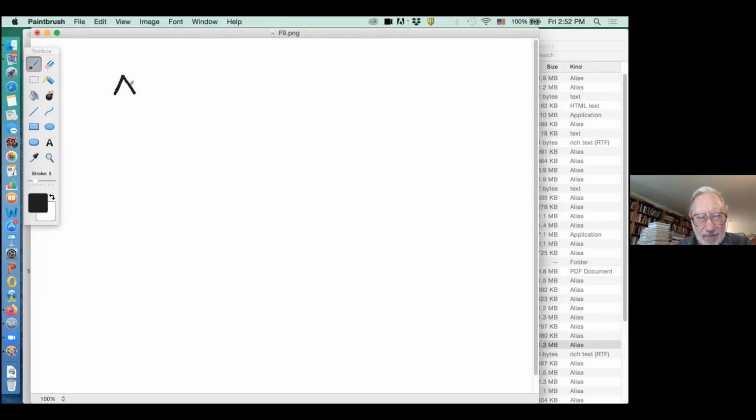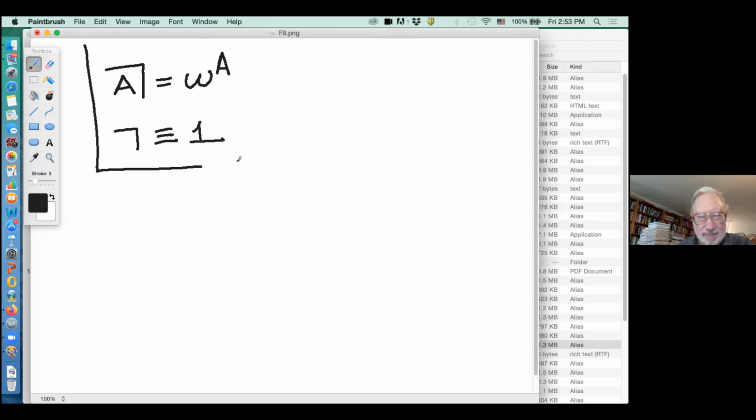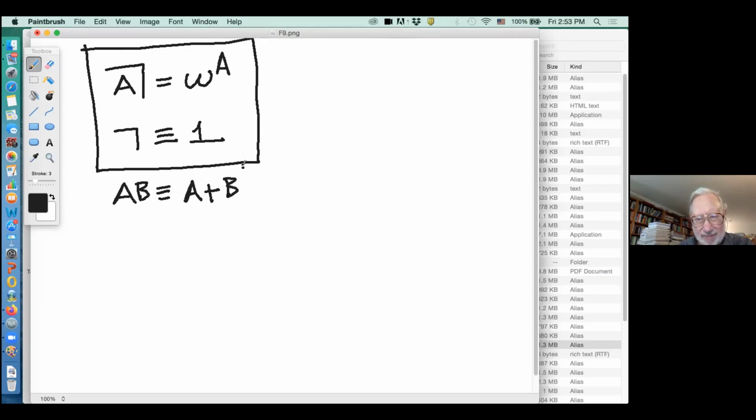If I have a form A, then this will denote omega to the A. And this corresponds to 1. And A next to B will correspond to adding. Now let's see how this works. Suppose that I took this one.